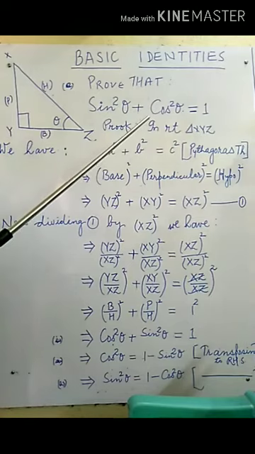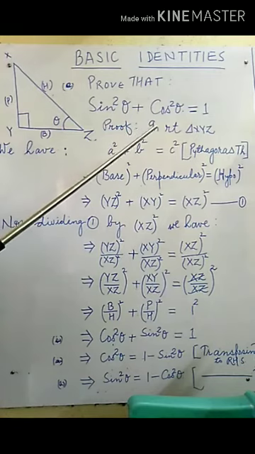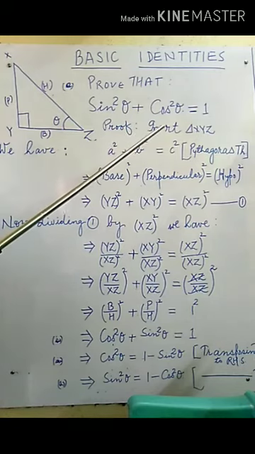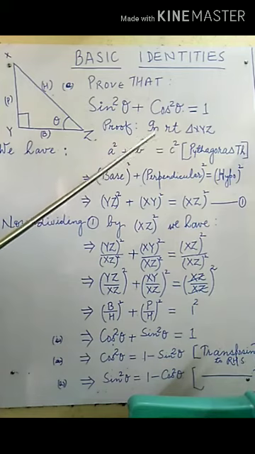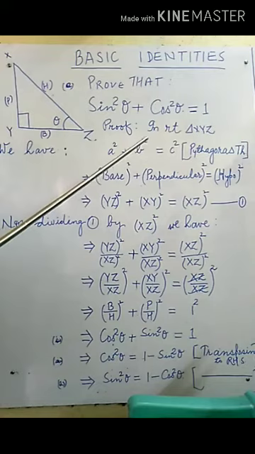This is an identity, and we have to prove it with the help of Pythagoras theorem. Every time there is a right angle triangle, we take the Pythagoras theorem.